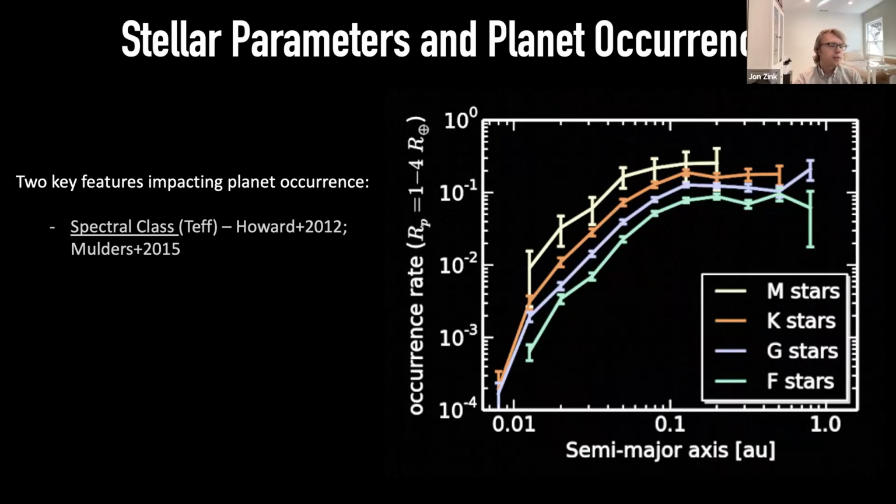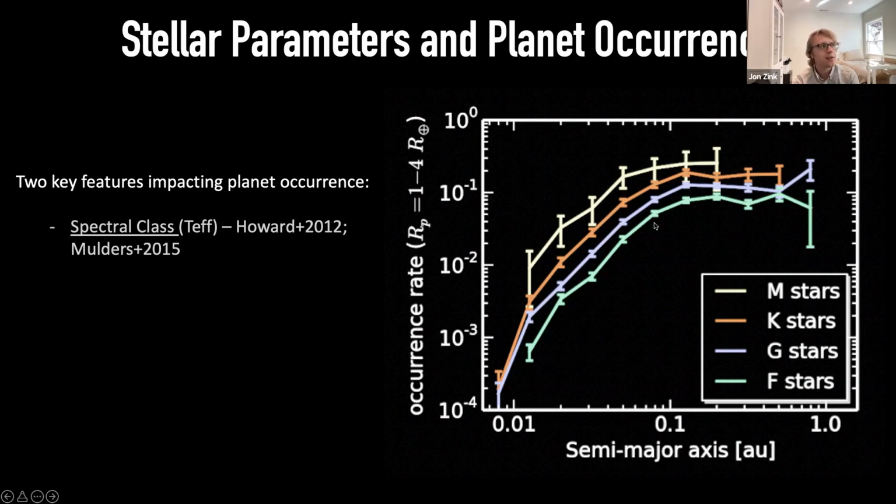I personally have not done that. I will note that this plot in particular, which was done by Hsu and Mulders, is not period, it's actually semi-major axis, which maybe is a better proxy for what you're saying. I am not sure about that aspect though, but there's been a lot of work on this since 2012. I'm not the first person to note this, so this is definitely not my discovery by any means.